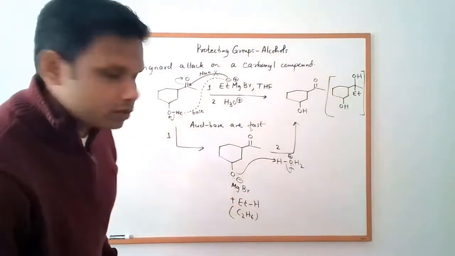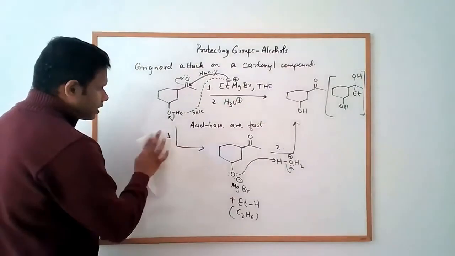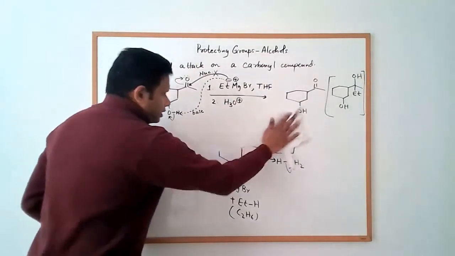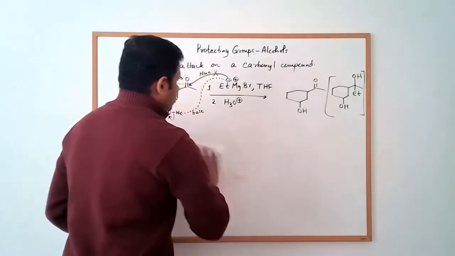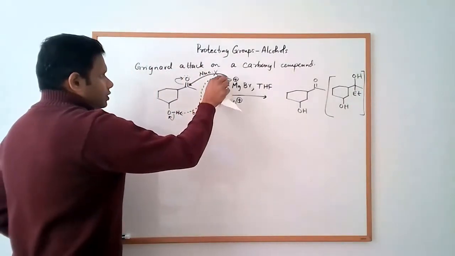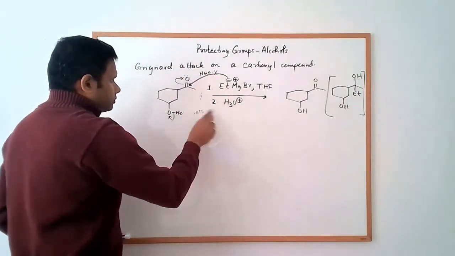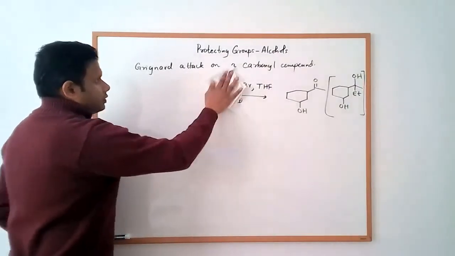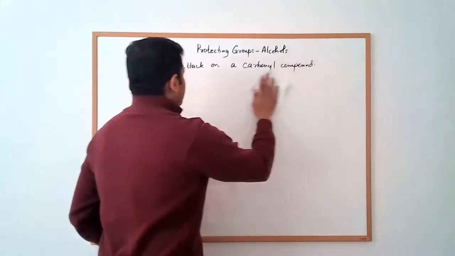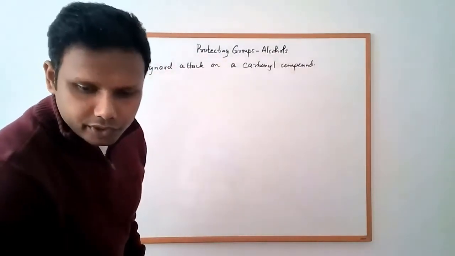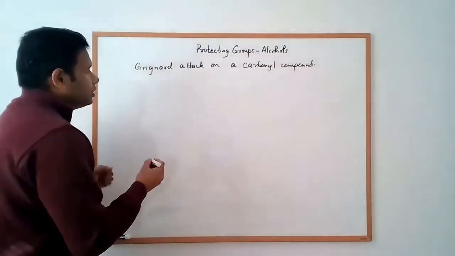Okay, so the way we do this is, I'm going to erase some of this and rewrite, to show you how the protecting group works. So this reaction would not work. And the way we could achieve this reaction is by using a protecting group.